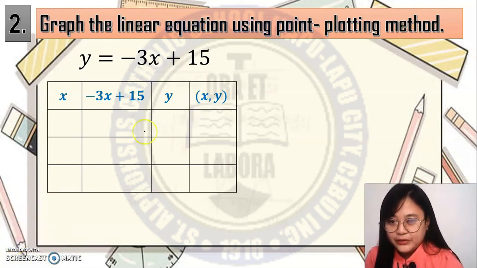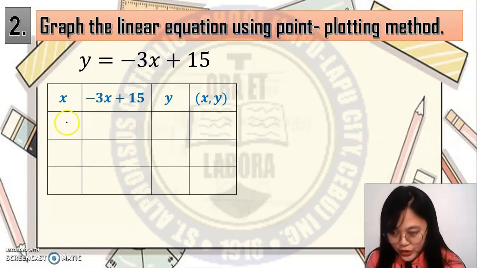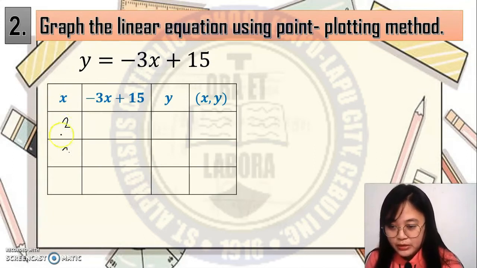For example, we're going to choose 2, 3, and 4. So we're going to substitute 2 for x.